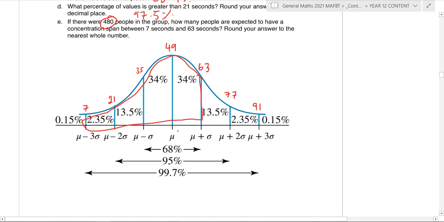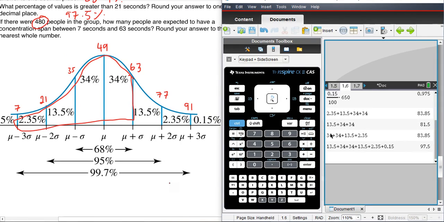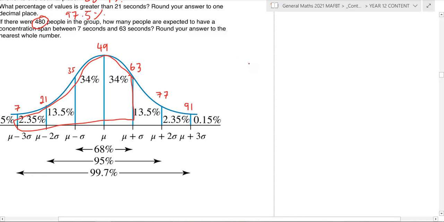So let's add them up. How much is that in terms of percentage? I can go using my shortcut: 68 plus 13.5 plus 2.35. That'll equal 83.85. So you're looking for 83.85% of how many people? 480 people.